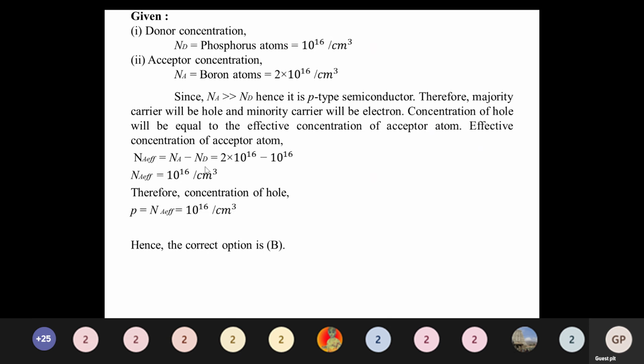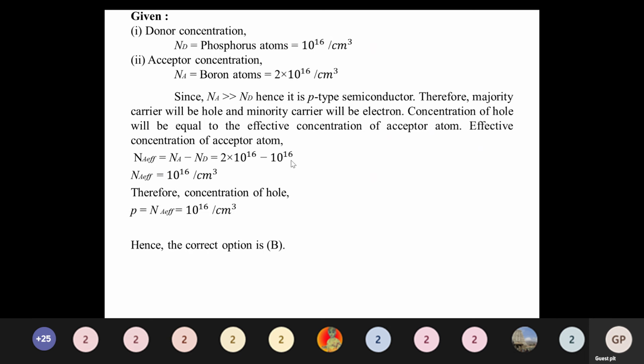The formula we discussed in the last class problems is Na effective equals Na minus Nd. So we simply subtract the phosphorus concentration from the boron concentration: 2 into 10 to the power 16 minus 10 to the power 16, so the answer is 1 into 10 to the power 16.